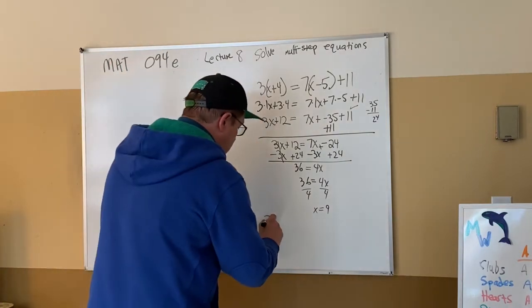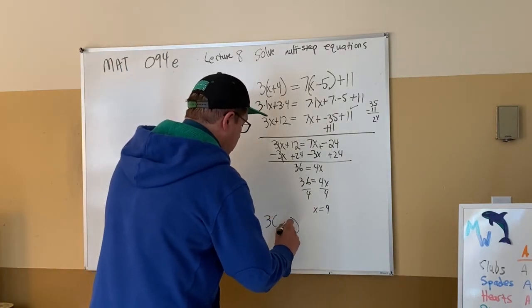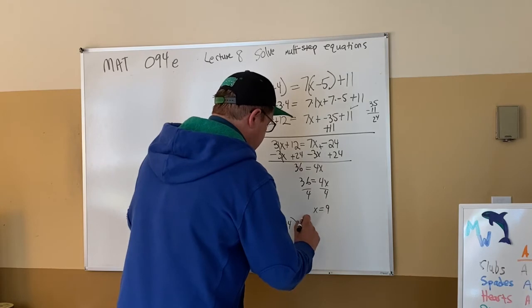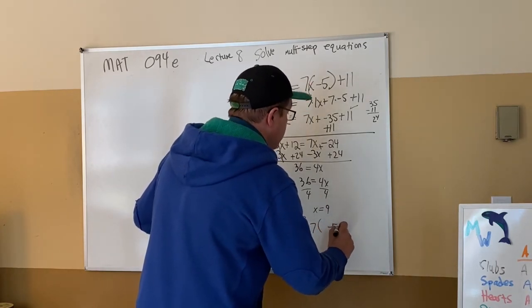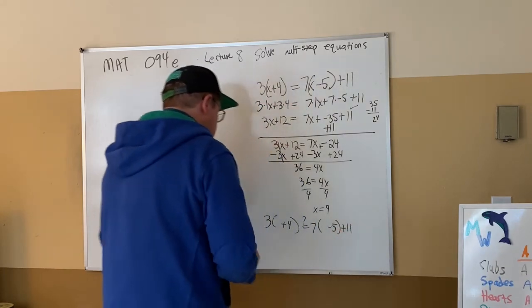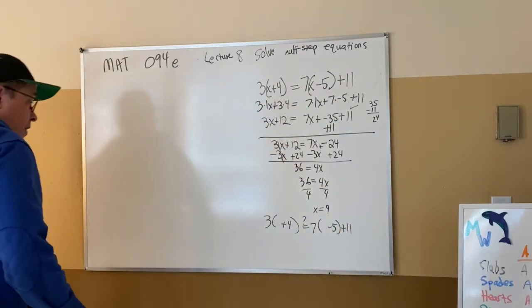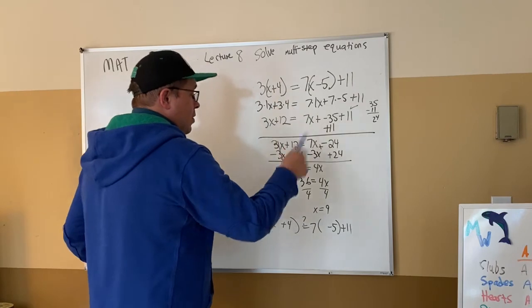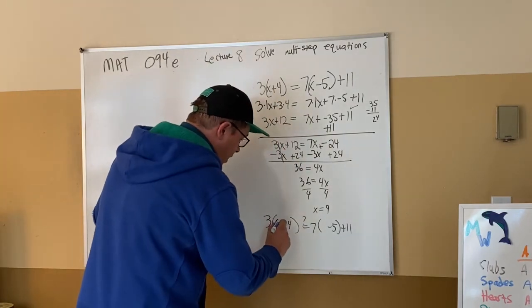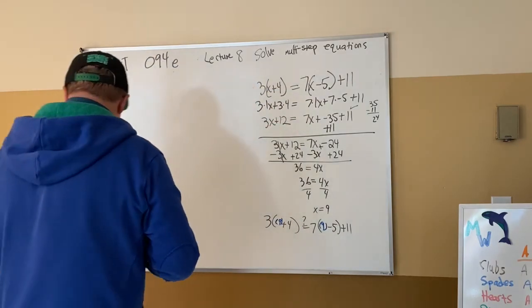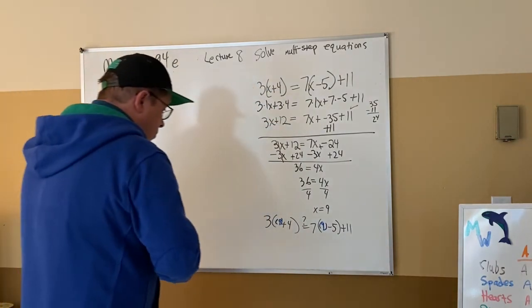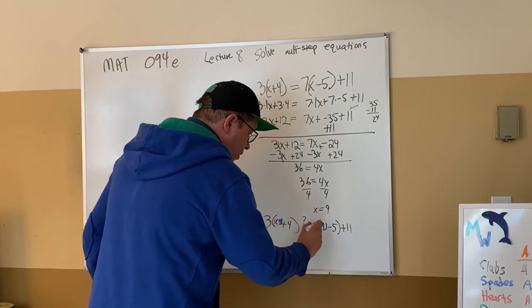We've got 3 parentheses plus 4, and then we're supposed to have that equal with a question mark, 7 parentheses number minus 5, close plus 11. In the parentheses, I have to drop an x, which is the number 9. I'll put my 9 in there with parentheses, I always do. Turns out they don't need the parentheses here, but having them doesn't hurt.